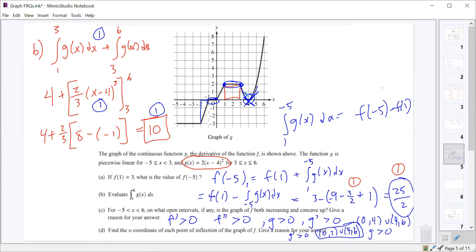But here is the only place where the slopes go from negative to positive, or vice versa. So we'd say this is only at x equals 4, and you'd say something like this is a location of a critical value, and the value of g prime goes from positive to negative. Well, actually goes from negative to positive here.